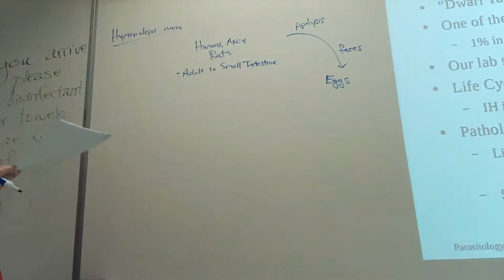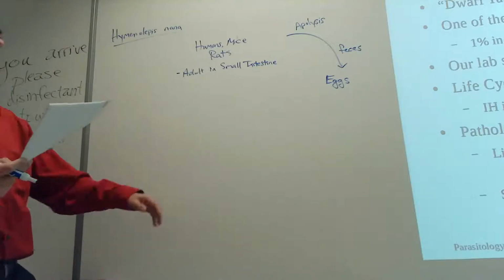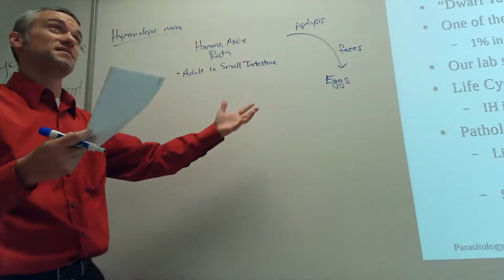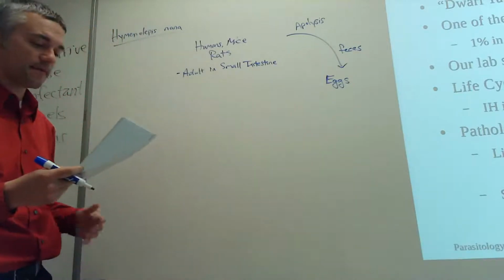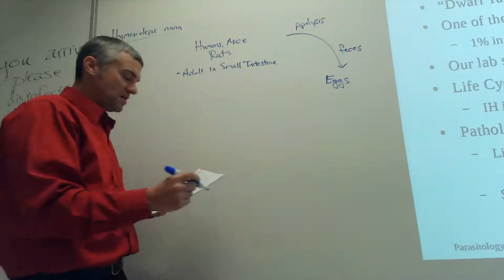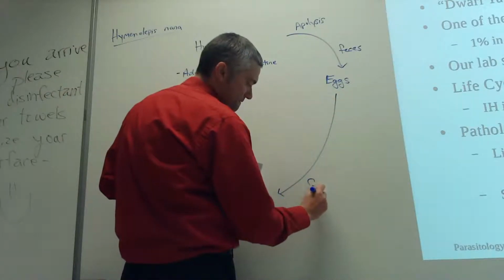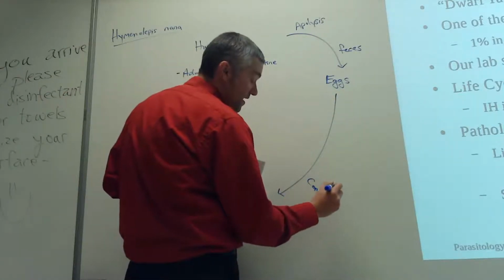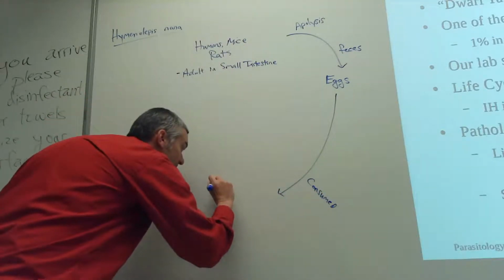If the proglottid hasn't completely dissolved, if it hasn't been completely emptied, some of that proglottid could come out and the eggs still get out. And the eggs are going to get consumed by our intermediate host, which is a beetle.